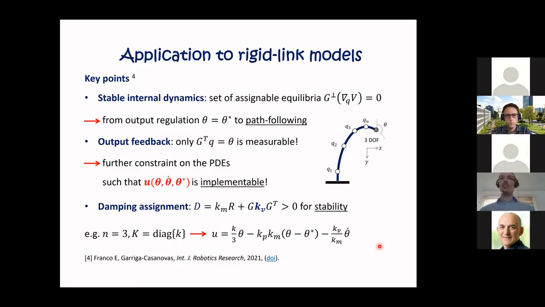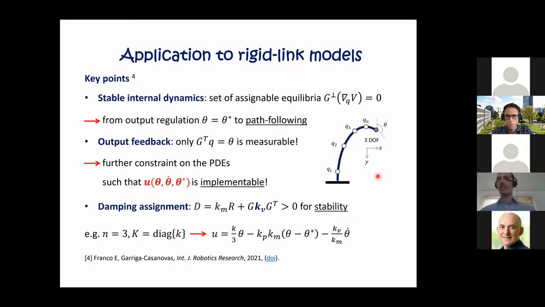If we think of typical classical examples of underactuated mechanisms, such as the inverted pendulum, typically we have an unstable internal dynamics with isolated equilibrium points, either the upright position or the bottom position. In this case, the situation is quite different. If we look at our rigid link system with virtual elastic joints, we don't have isolated equilibrium points for the internal dynamics, but we have a continuum, basically a set of equilibria.